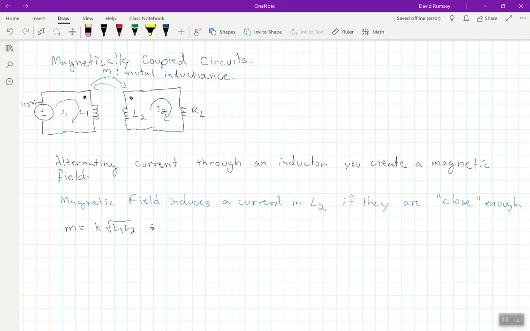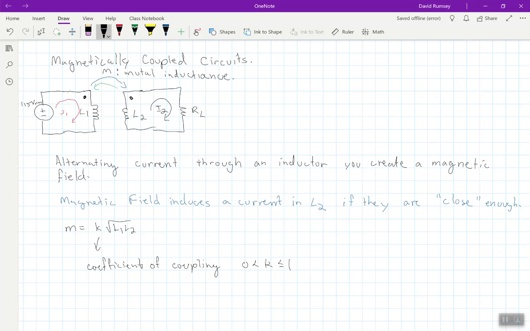And here, this K is called the coefficient of coupling. It's between 0 and 1. If it equals 0, as a side note, it means you're not coupled at all.